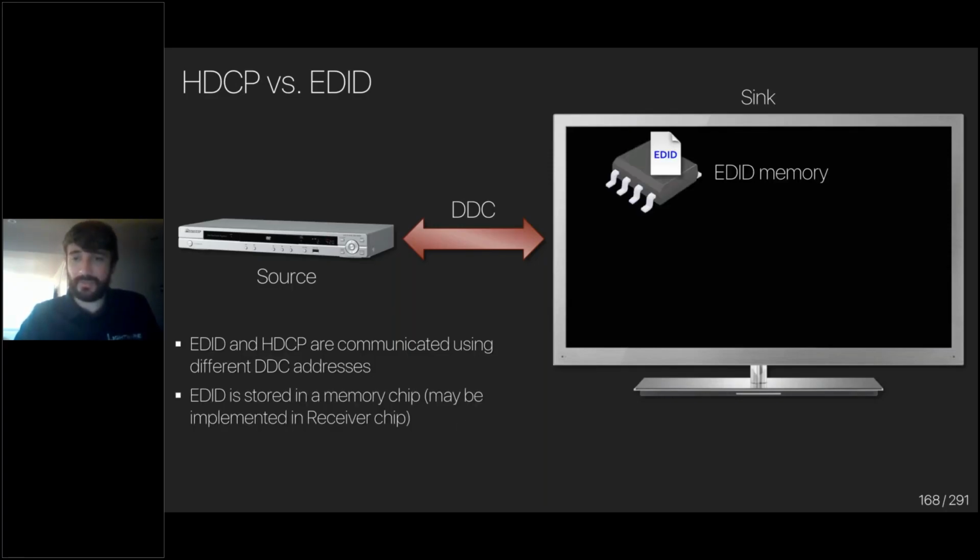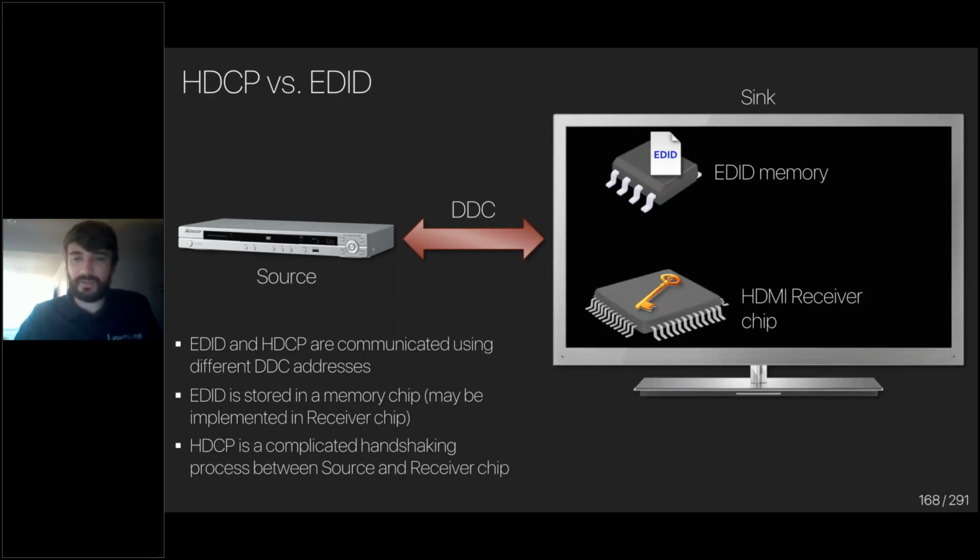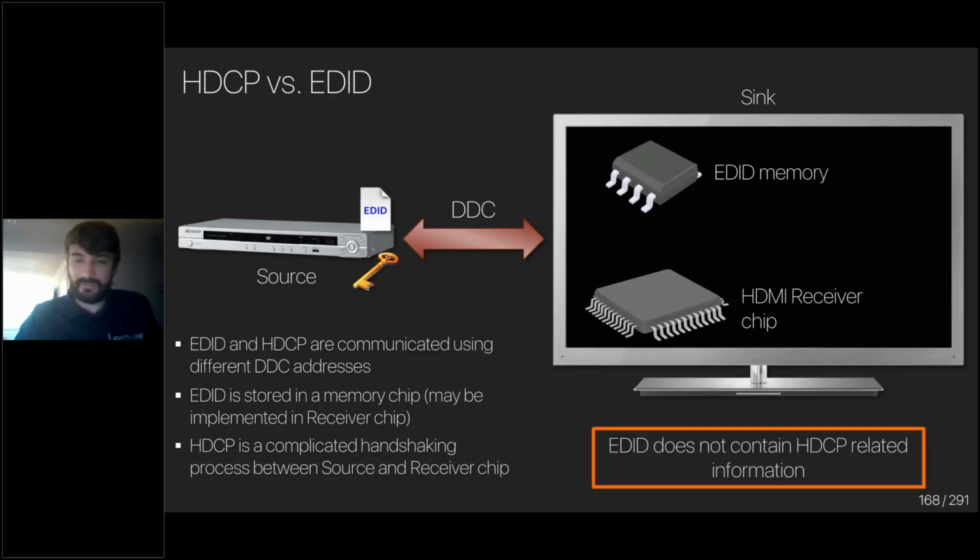So when there's an EDID memory chip inside the sink device, it has a certain address. And then the HDMI receiver chip, which has the HDCP on it, also has a different address. So when the source wants to read out the EDID, it addresses the EDID chip. And if it wants to perform HDCP handshakes, it addresses the HDMI chip.